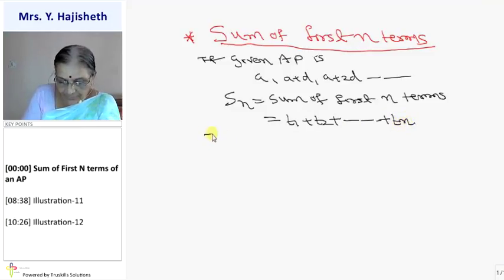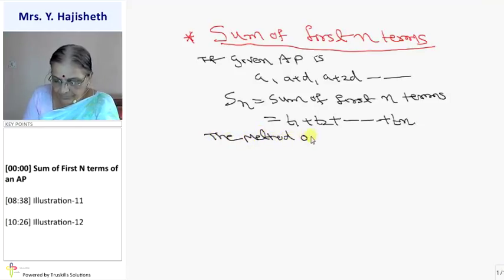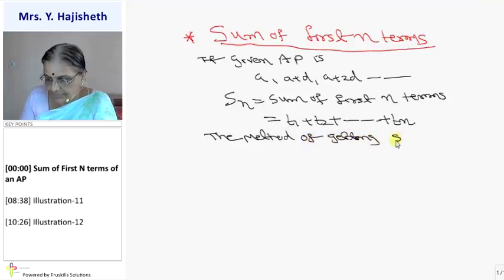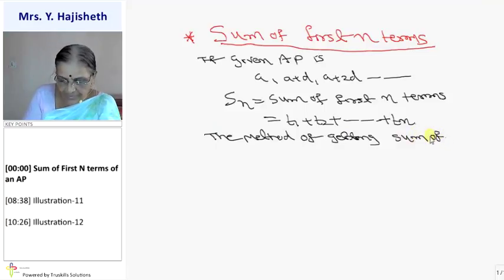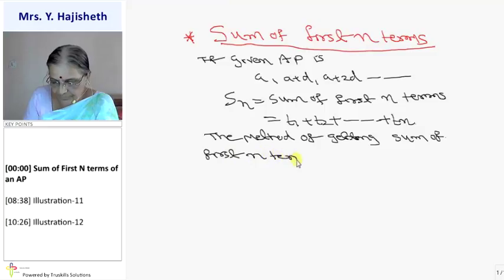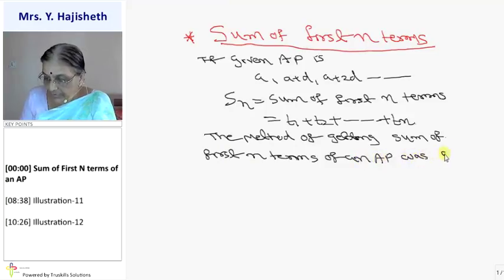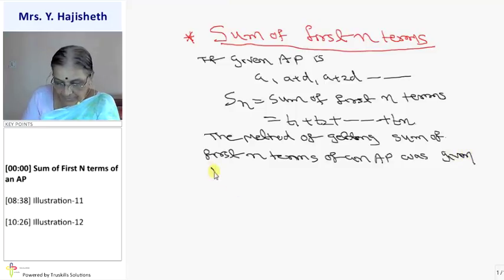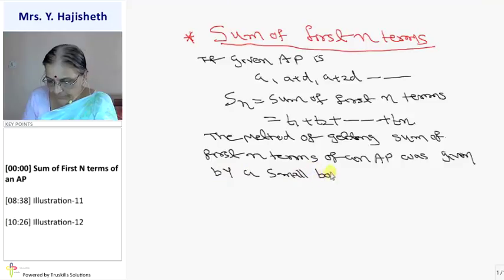The method of getting the sum of first n terms of an AP was given by a small boy of 10 years old.